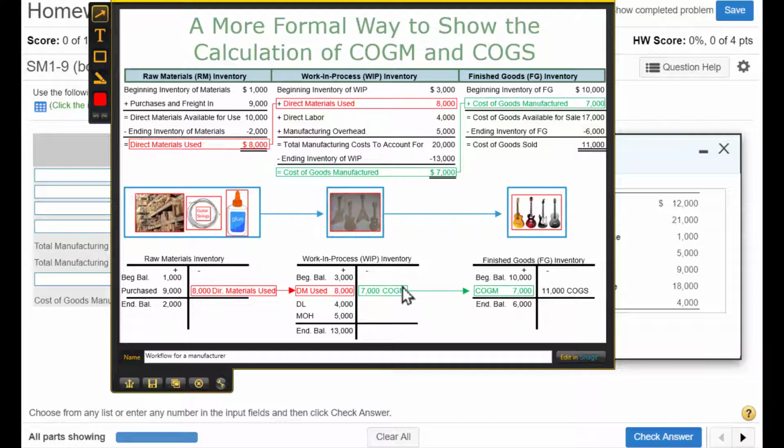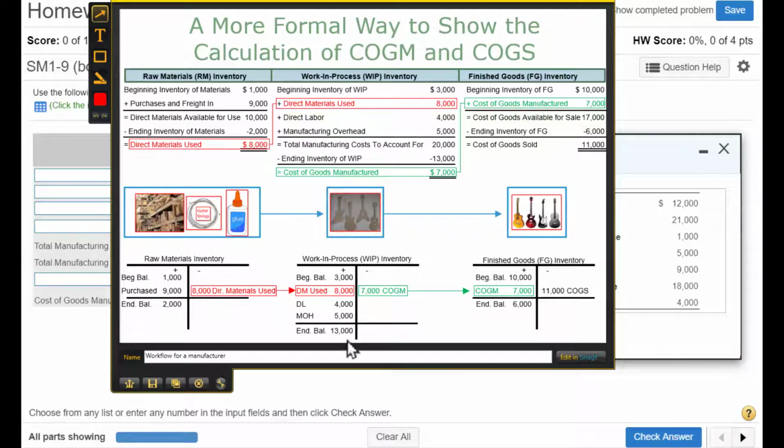And the cost of the guitars that were finished, in other words, the cost of goods manufactured, that's past tense, manufactured, is represented by the $7,000 taken out of work in process and put on the shelves or the warehouse.